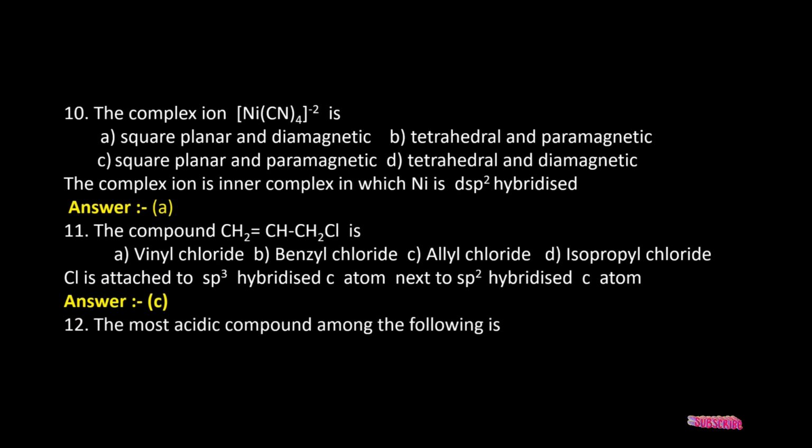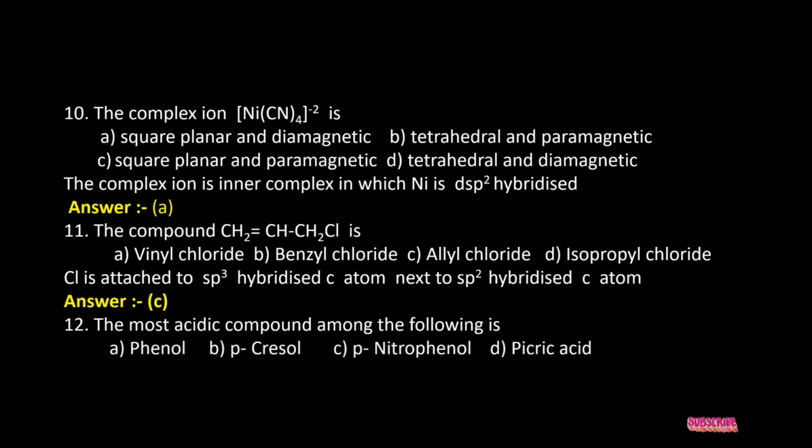Now question number 12. The most acidic compound among the following is A. Phenol, B. Cresol, C. Paranitrophenol, D. Picric acid. Dear friends, you know that the acidity of a compound is increased by the presence of an electron withdrawing group and decreased by the presence of an electron releasing group.